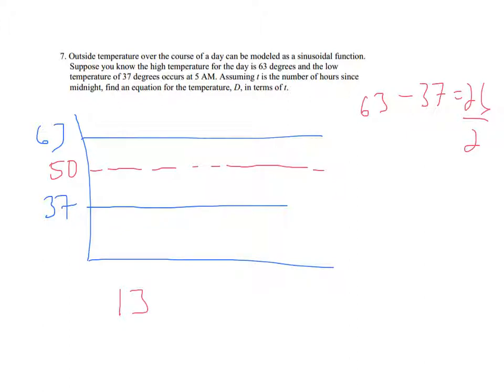Then let's put some times in. That's 24 hours, that's 12 hours, that's 6 hours, that's 18 hours. They're telling me that the low temperature occurs at 5 a.m. So instead of happening at midnight, it's going to happen at 5 a.m., not quite 6.